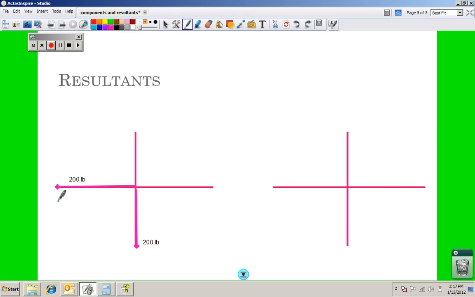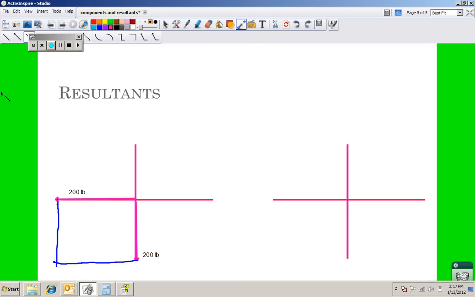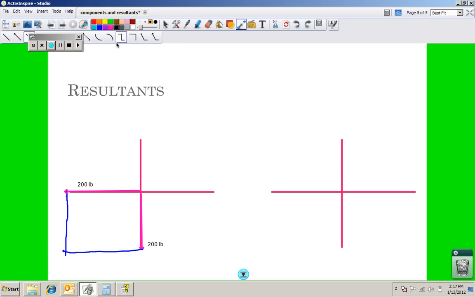Now remember, we said that the resultant would be the diagonal of the parallelogram that these forces make. Alright, and so this is the resultant.